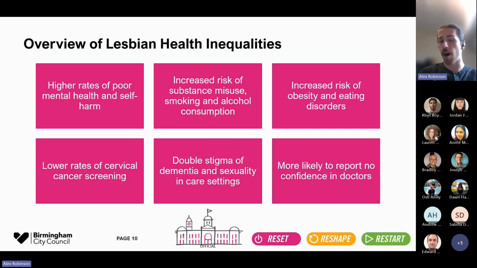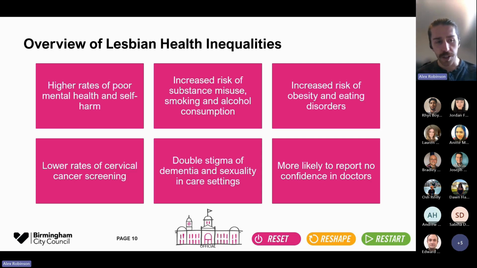Around 1 in 5 lesbian and bisexual women have an eating disorder, which compares to 1 in 20 heterosexual women. And 49% of lesbian women are at a healthy body weight compared to 54% of heterosexual women. Lesbian women were also 1.5 to 2 times more likely to be obese across multiple different studies.